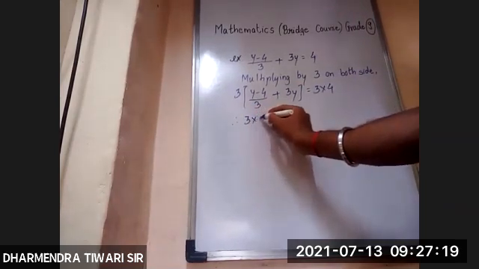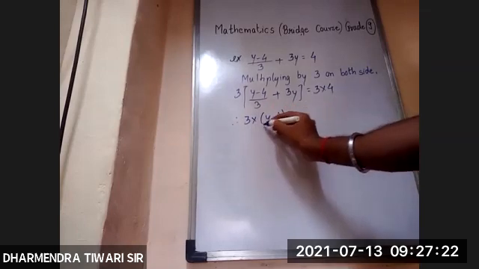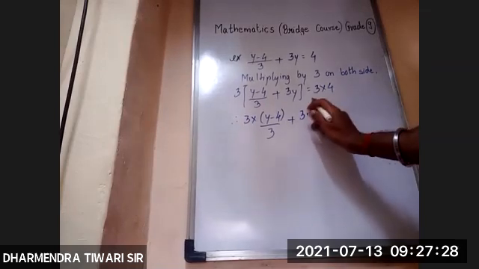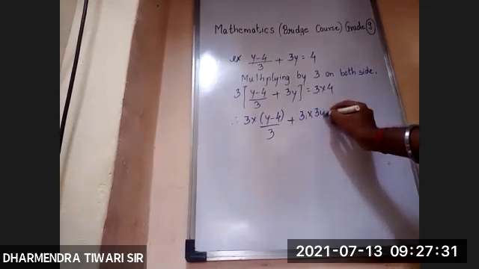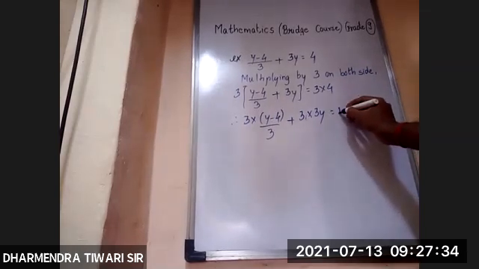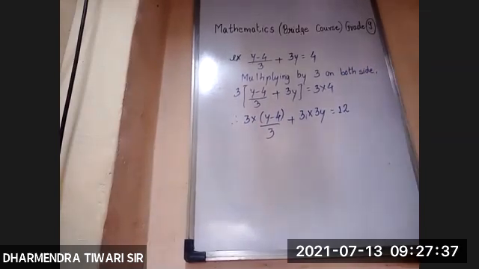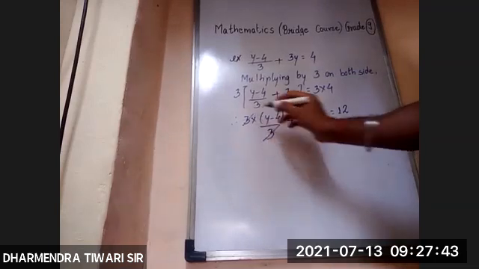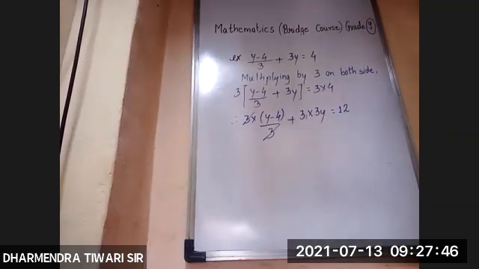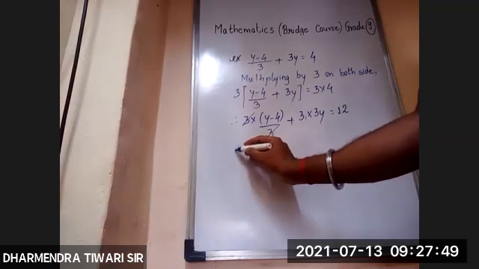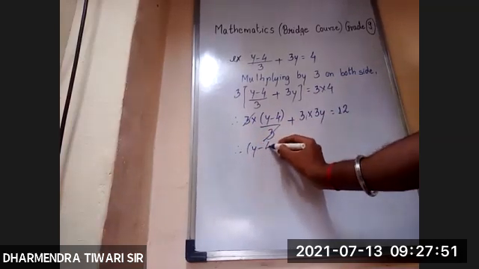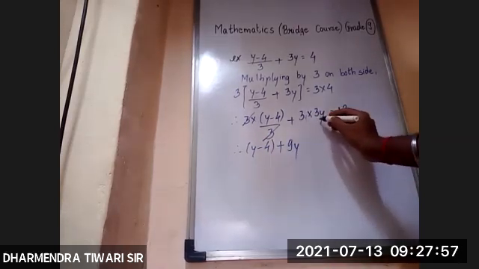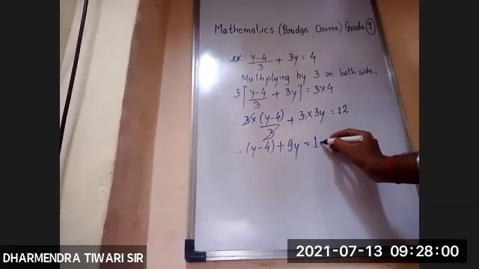So 3 into y minus 4 in bracket divided by 3 plus 3 into 3y. 3 fours are 12. So our observation is that we can strike the same number which is present in numerator as well as in denominator. So what do we get? We get y minus 4 plus 3 threes are 9. Along with 9, we are having y is equal to 12.